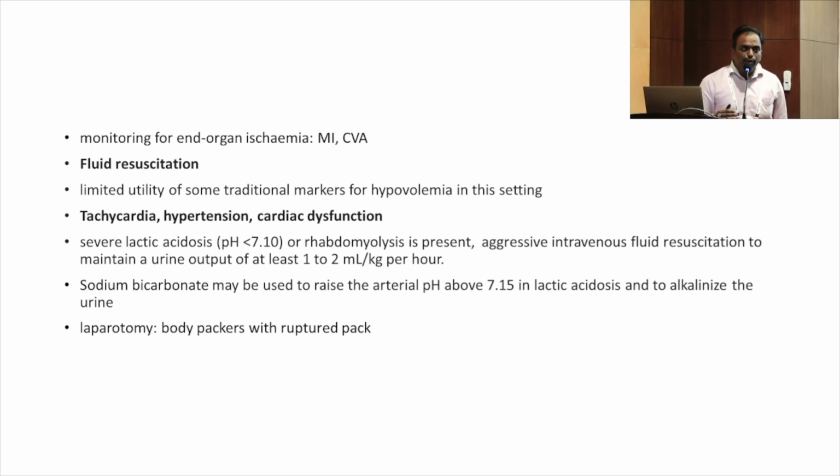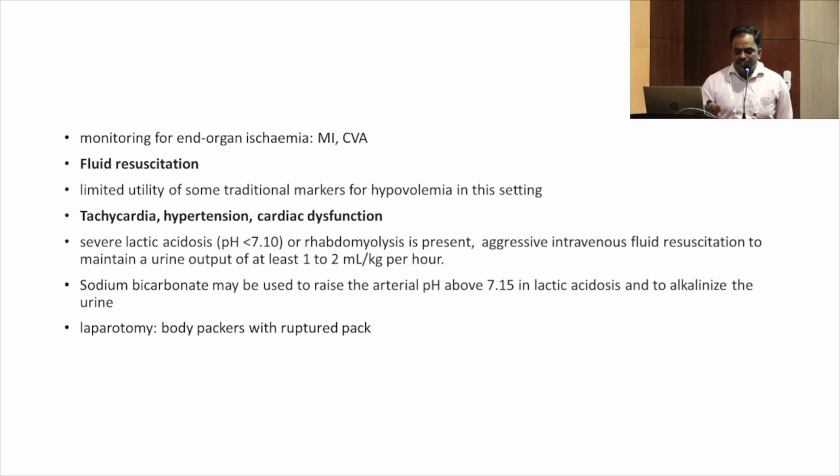Then how do you do fluid resuscitation? Because in these patients you have hypertension and tachycardia, so all your markers of fluid resuscitation might not be proper. And once the sympathomimetic action comes down, the patient might be completely dried out. So tachycardia, hypertension and associated cardiac dysfunction normally will impede your assessment of fluid resuscitation.